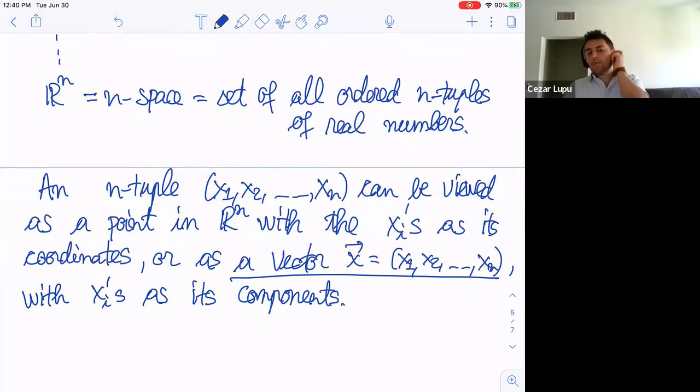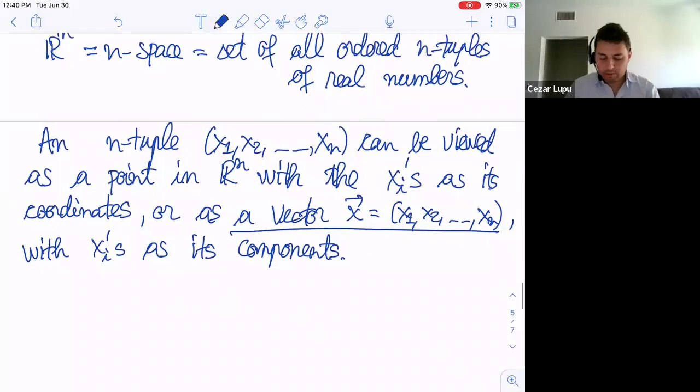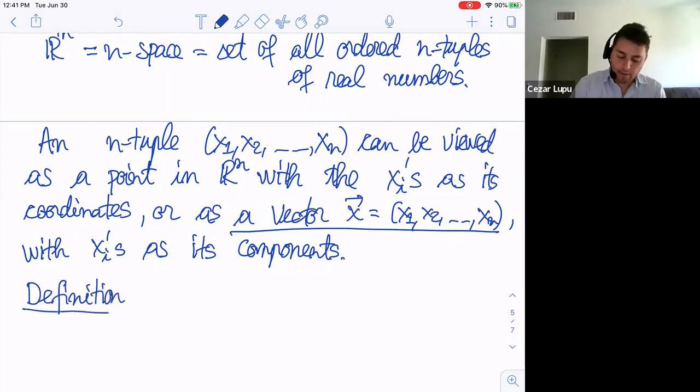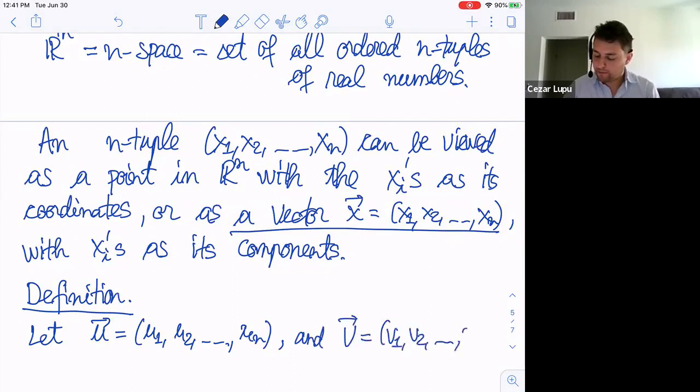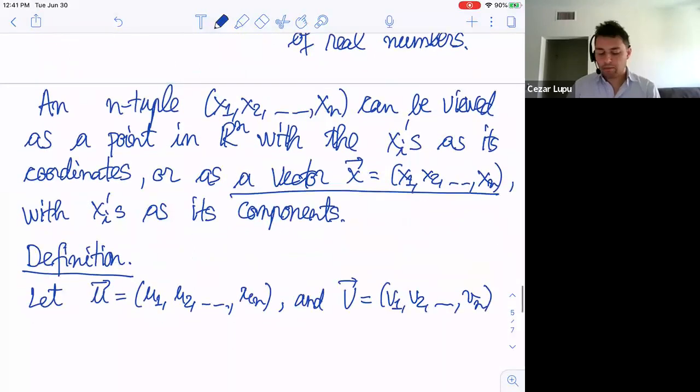All right, so now let me formally define the vector addition and scalar multiplication. So, definition for vectors in Rn. Let U, having these components U1 through Un, and V, having V1, V2, through Vn, be vectors in Rn.